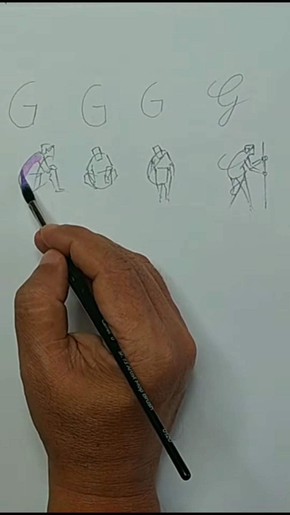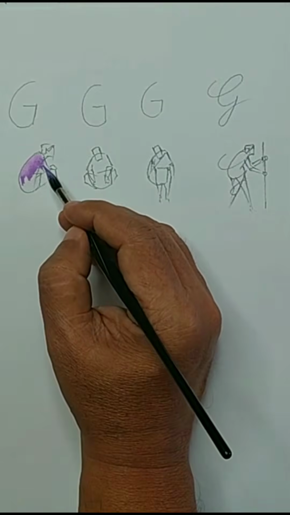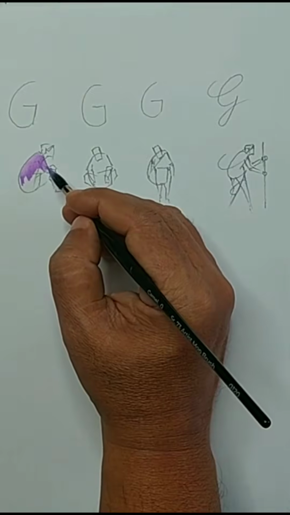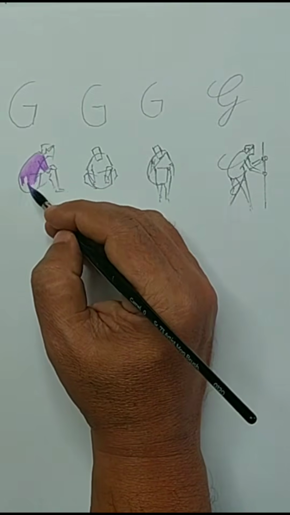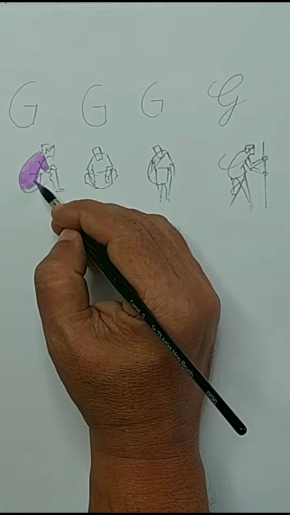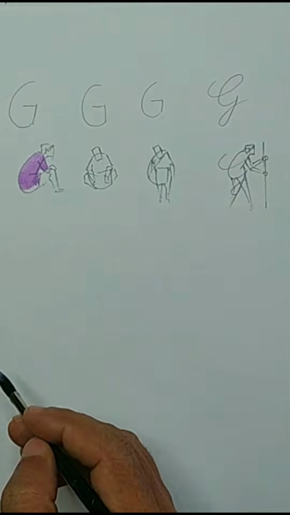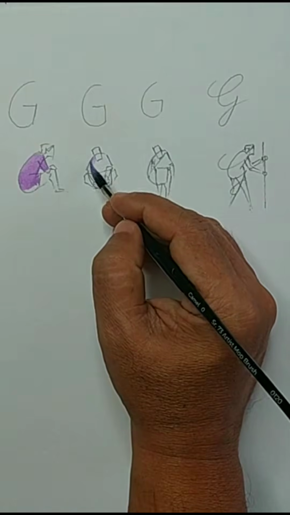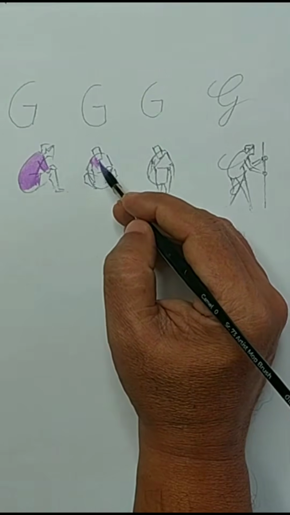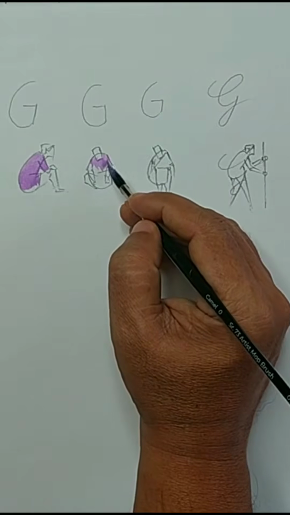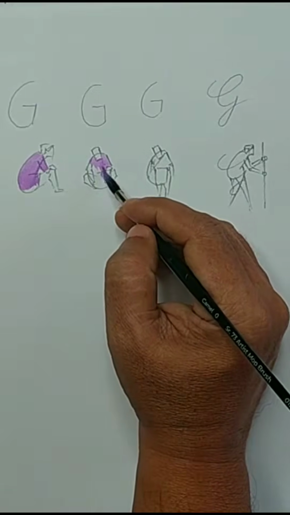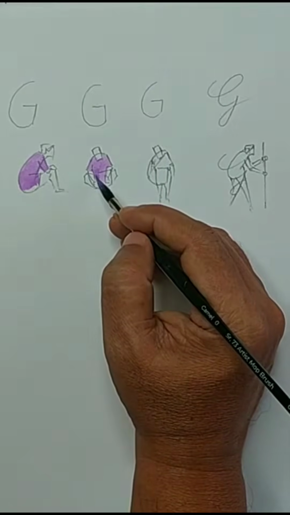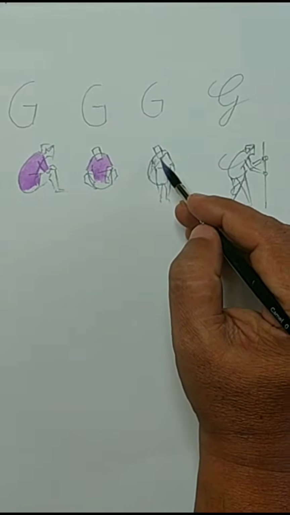Okay, let us color these things first. I'm using a lighter color for the shirt. I will finish the lighter areas first for all these figures, and then we can use the dark colors. I'm using a soft round brush for the watercolor work, and I'm using a shade called Lilac.